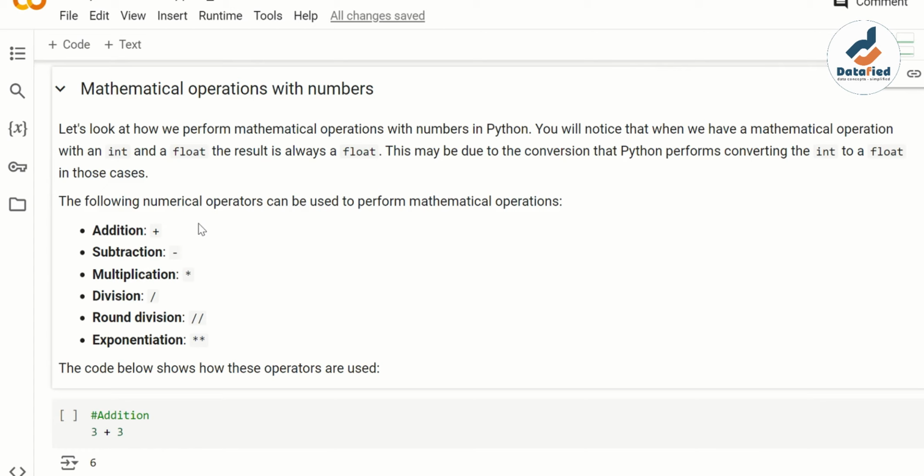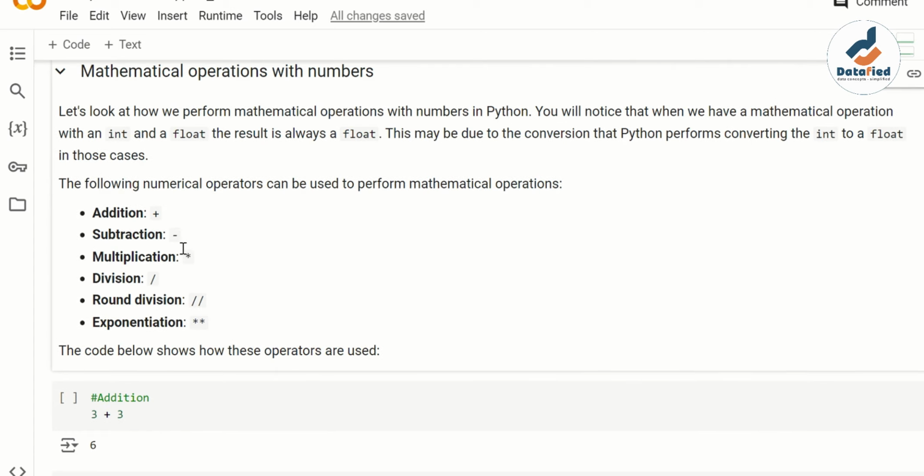and integers. Here are the basic mathematics operations, or numerical operators, and how they are represented in Python. For addition, of course, is the usual plus sign. For subtraction, we use the usual subtraction sign or minus. Multiplication, we use the asterisk symbol.